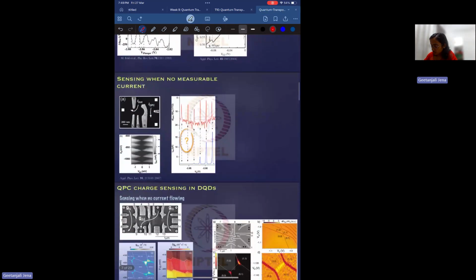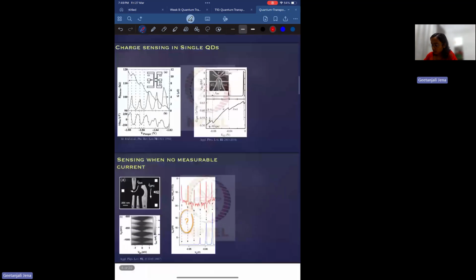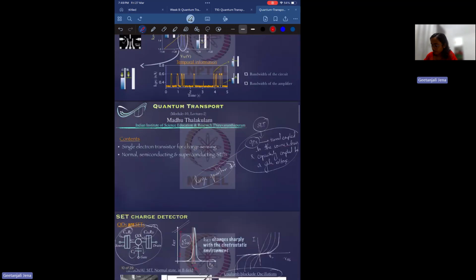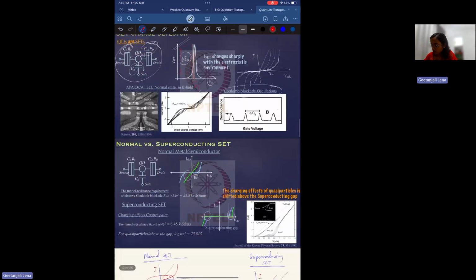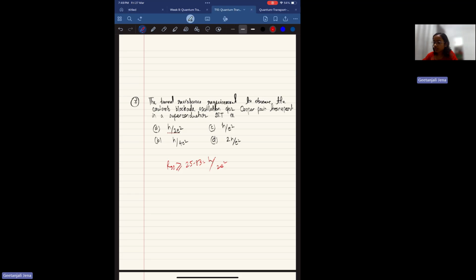Let me see. So the factor 2 is not there. That's what I was thinking: h by e squared, not h by 2e squared.